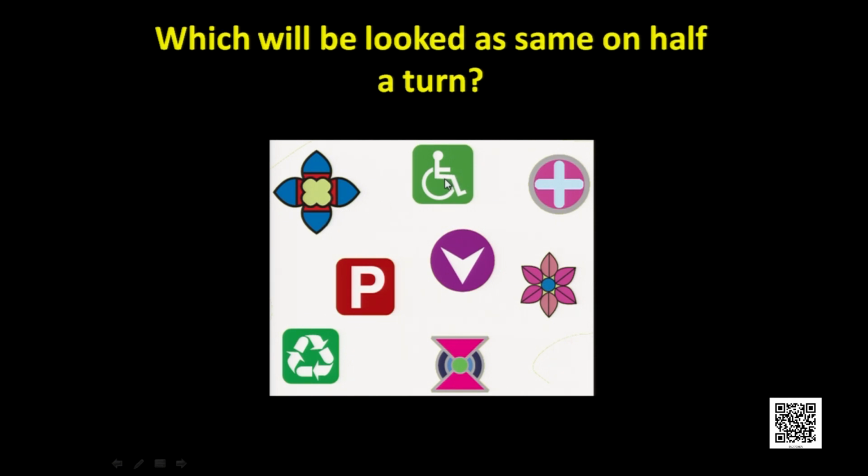But in this case, a person sitting on a wheelchair, if I make a half a turn, will it look same? Definitely no. Now you see this. Yes, on a half a turn it looks same. Similarly, you can find out which other pictures are looking same on a half a turn.